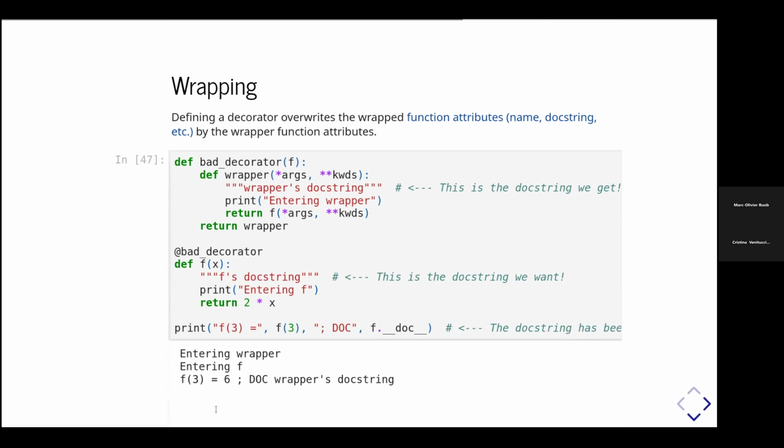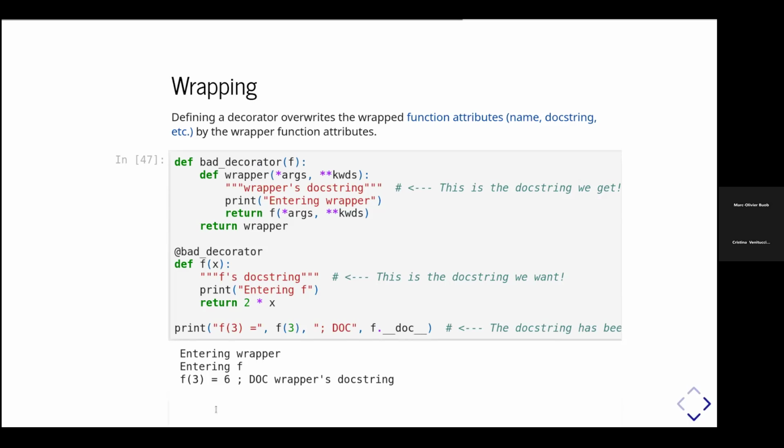So it's quite easy to write a decorator, but often when you write your decorator, you will write a bad decorator. Here is an example of a bad decorator. And why is this decorator bad? This is because it will overwrite the docstring of f. As you know, you can inspect the docstring of a function by calling f.__doc__.